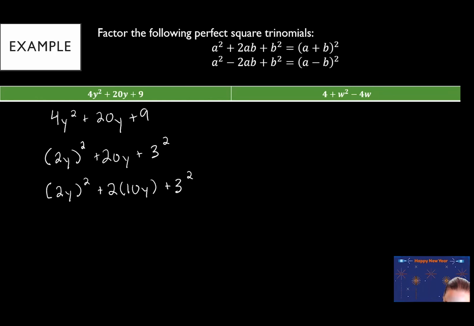And I must have typed this one wrong because this one actually is not a perfect square trinomial. I meant to make one a perfect square trinomial. Because of the 3? Yeah, because 2y times 3 should give you the middle, which would be 6y, but it doesn't.